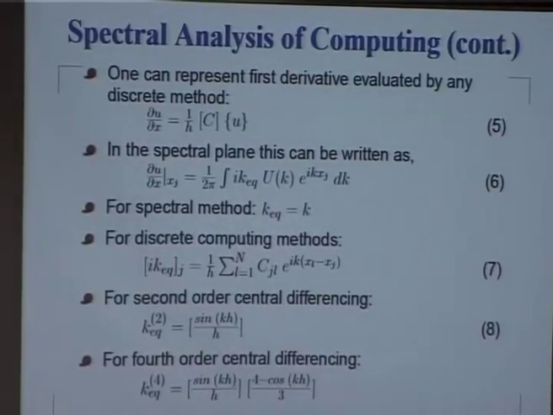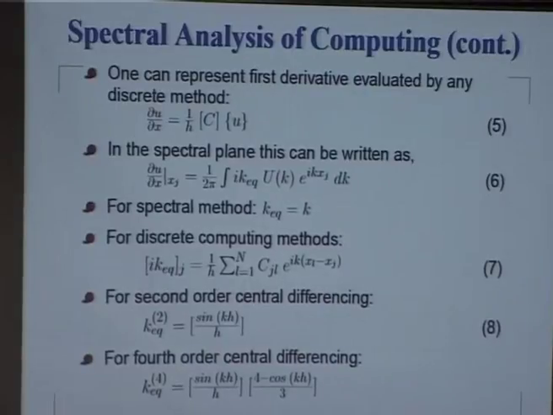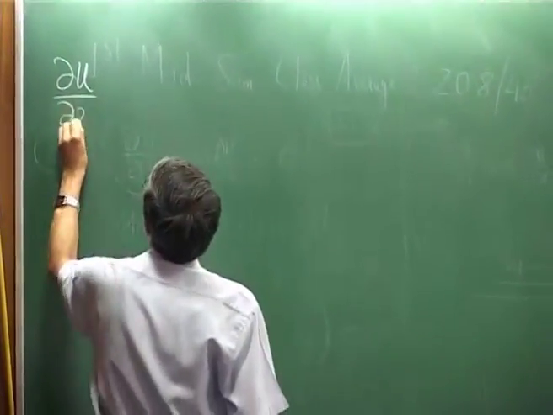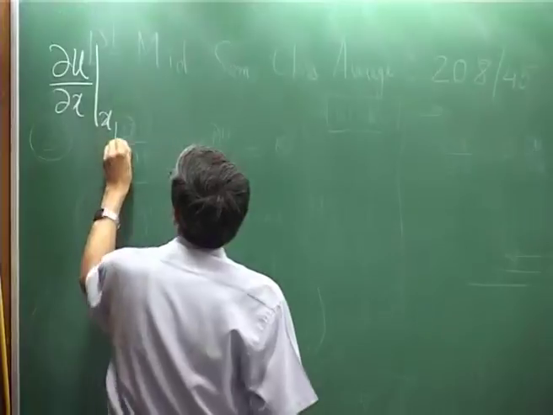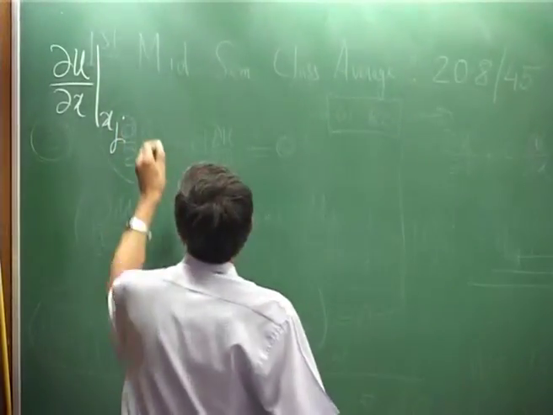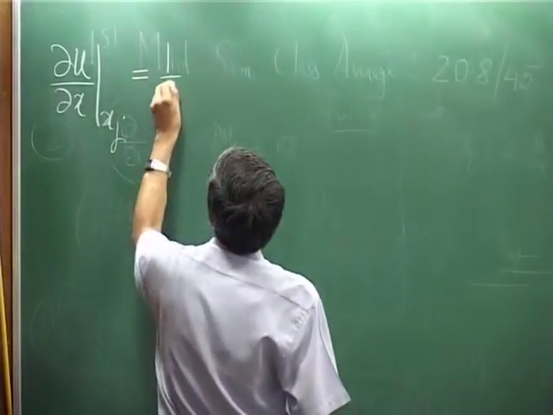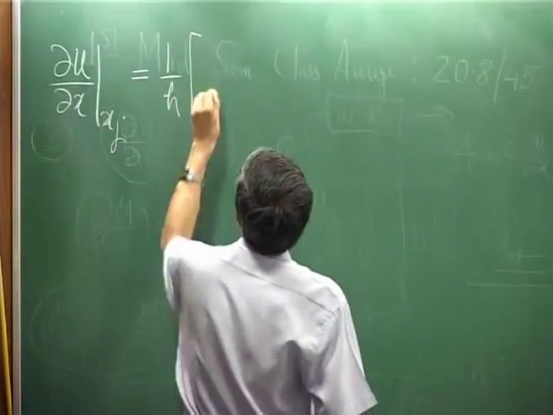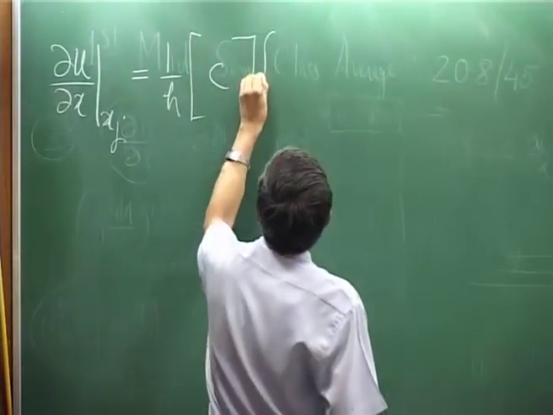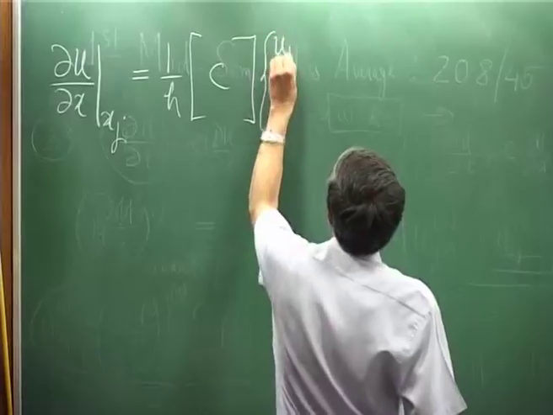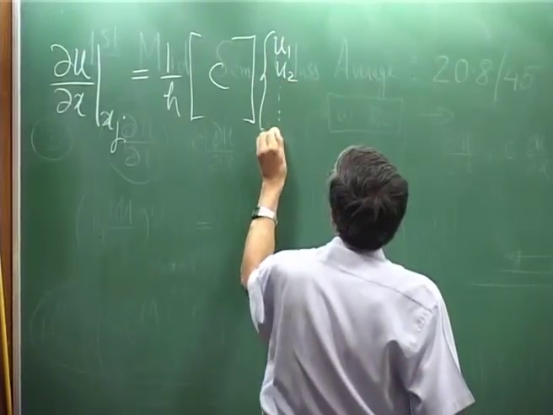See what we have written there. Let us say I am doing it at x_j, and what I have written here is 1 over h, C matrix multiplied by u.